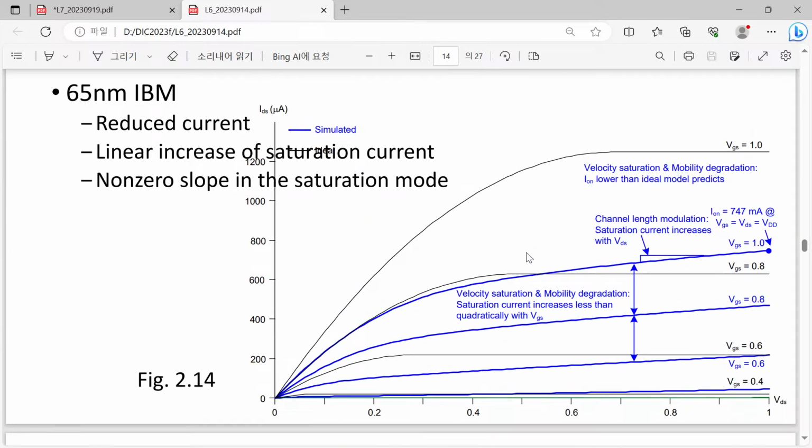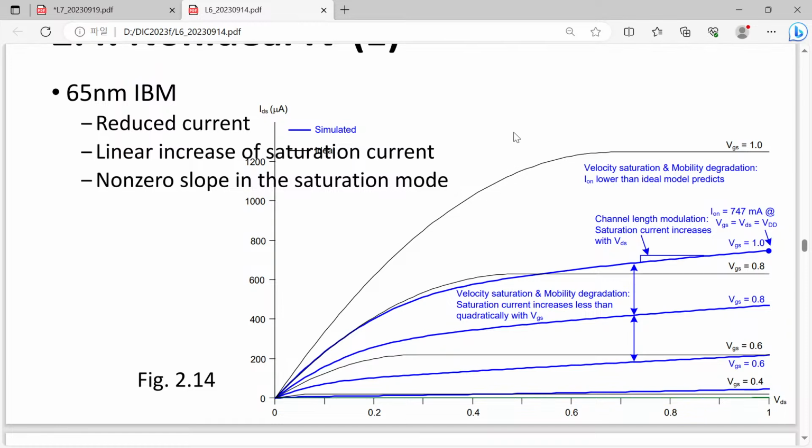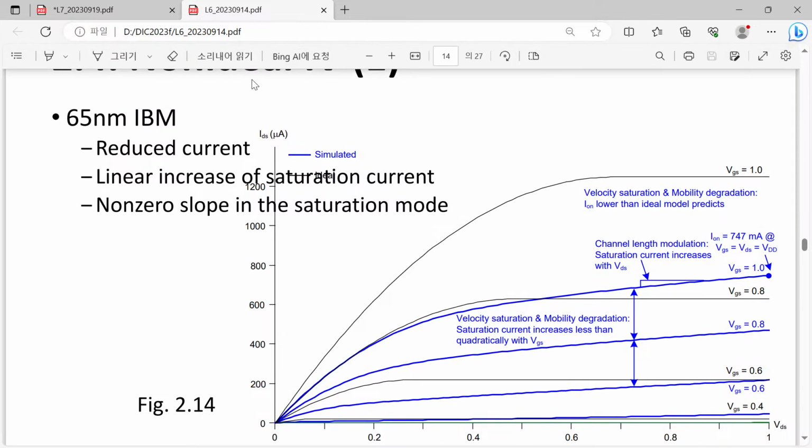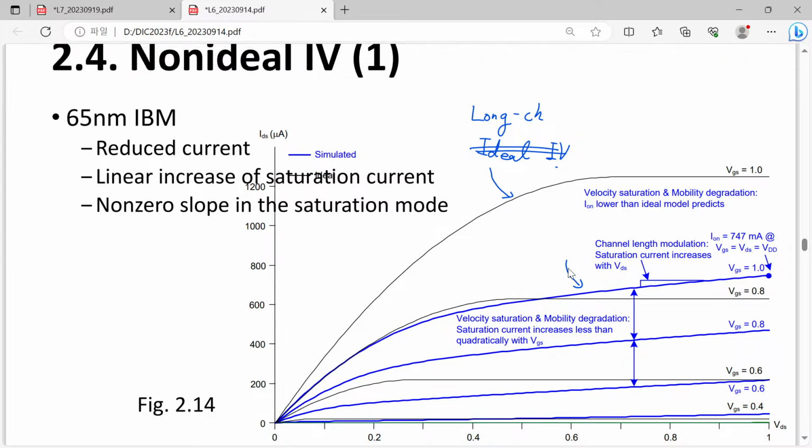So once again, please have a look at this one. Here we have a black curve which is corresponding to our ideal IV characteristics, or sometimes more frequently long channel IV characteristics. And here we have a blue curve which is close to the measurement data, although that is not exactly measurement data, but it is quite close to that.